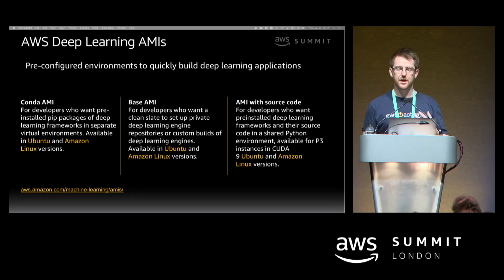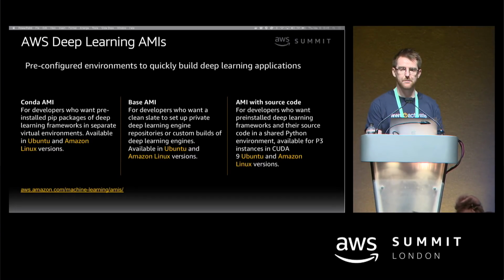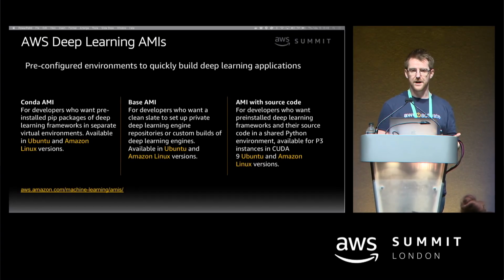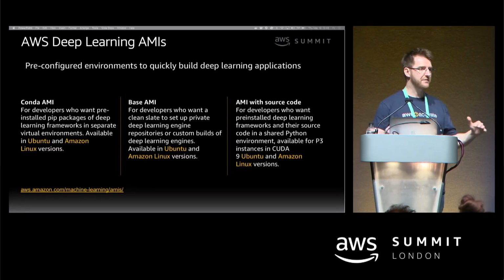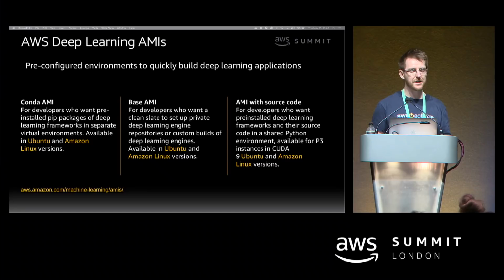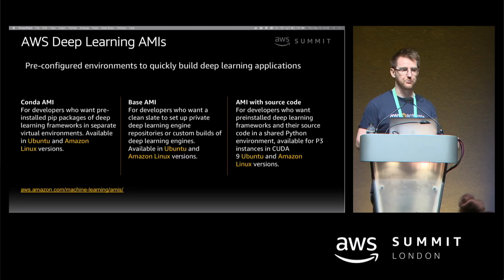And these AMIs come in a couple of different flavors. The two main ones are the Conda AMI, which gives you access to a bunch of the pre-installed frameworks, but in Anaconda virtual environments. If you want something which effectively just gives you a framework to build upon, then I'd recommend using something like the Base AMI. And this gives you effectively a clean slate where you can install the frameworks you want, but it's already set up to get you going very, very quickly on AWS to do your deep learning workloads.